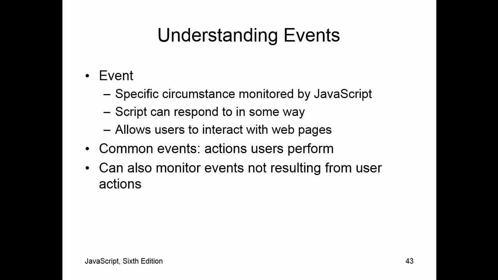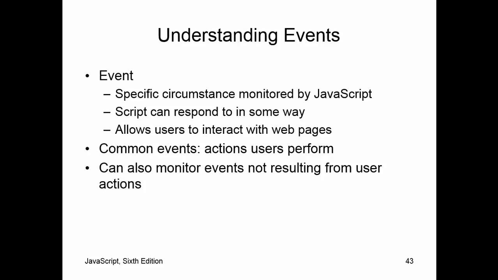But if you can imagine, JavaScript is sitting there and it's monitoring your code, waiting for you to do something or waiting for something to happen. For instance, waiting for you to click a button. If you click a button, that's going to do what's called raise a button click event. If you put some code in there to make something happen when that button's clicked, then the code will run.